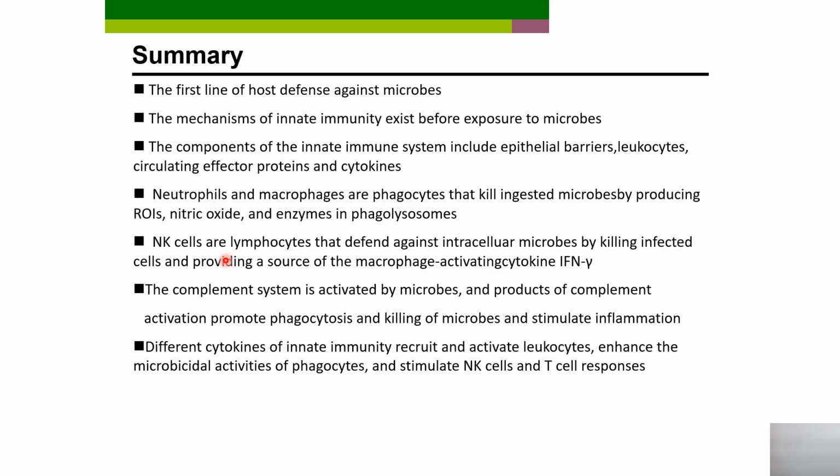And we have NK cells, lymphocytes that defend against intracellular microbes by killing infected cells and providing a source of macrophage-activating cytokine, interferon gamma. The complement system is activated by microbes, and products of complement activation promote phagocytosis and killing of microbes and stimulate inflammation. So different cytokines of innate immunity recruit and activate leukocytes, enhance the microbicidal activities of phagocytes, and stimulate NK cells and T cell responses.